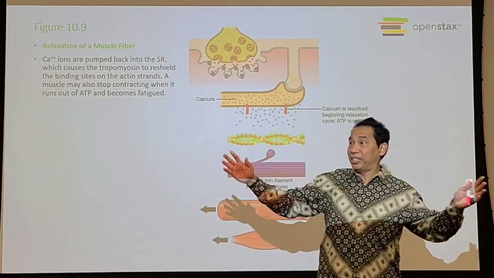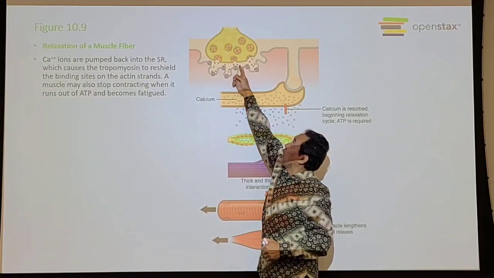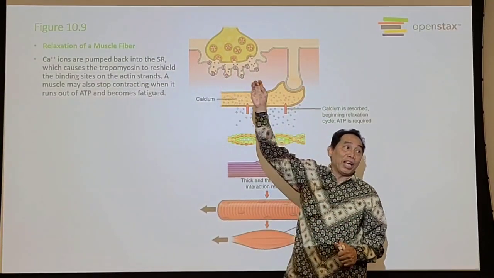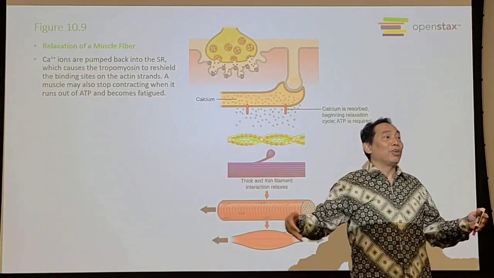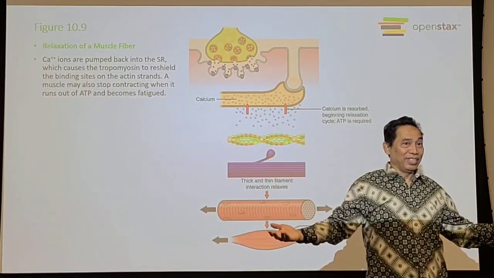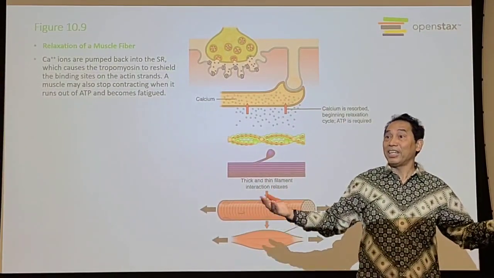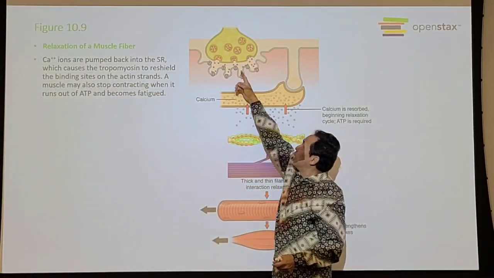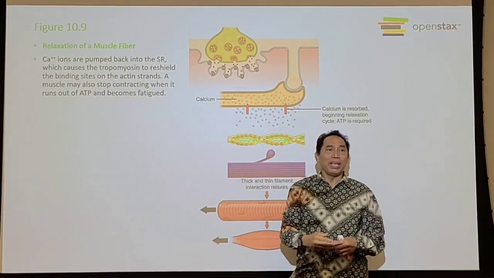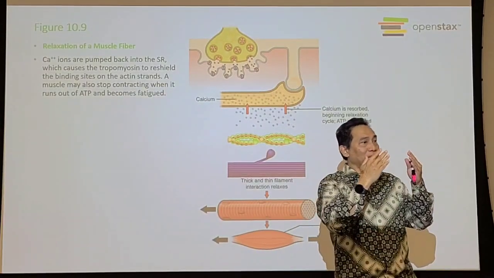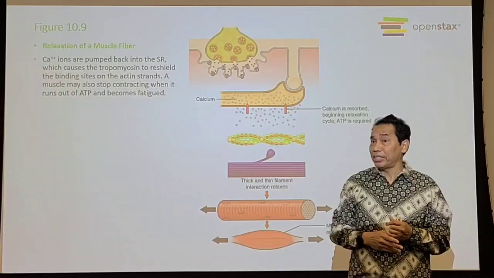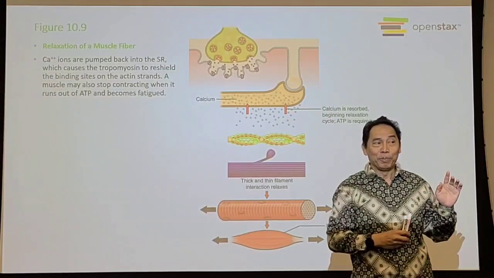It erases the acetylcholine from the synaptic cleft. If you don't have the acetylcholine, then there is no order for contraction. You follow this? That's relaxation. So calcium returns back to the SR, and the acetylcholine is removed from the synaptic cleft by acetylcholinesterase. Do you have a question for this one?